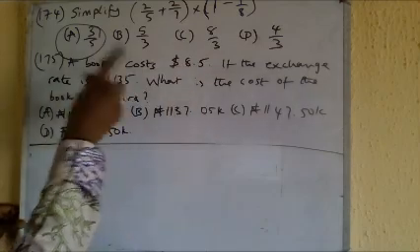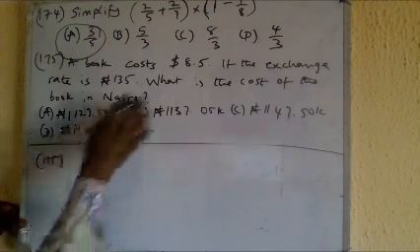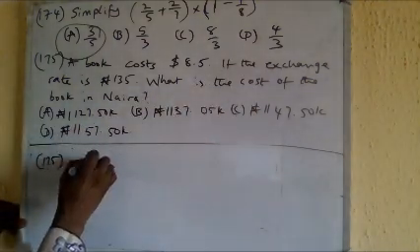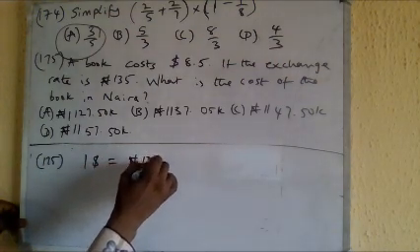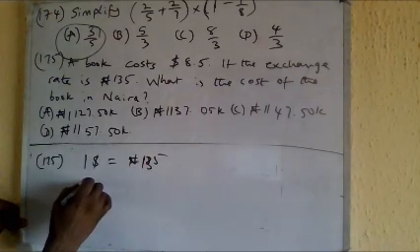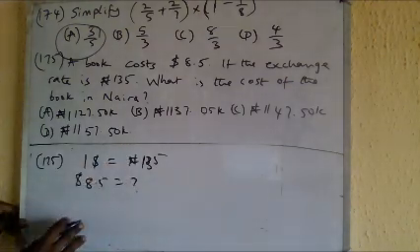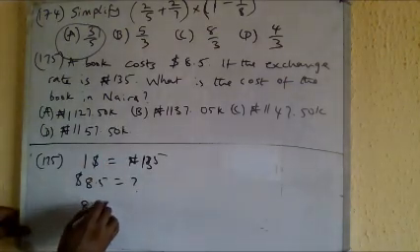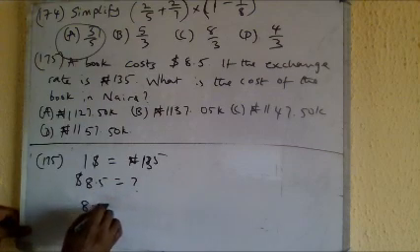Okay, so question 175. When you say exchange rate, it means that $1 is equal to 135 naira. So how much in naira will $8.5 cost? That's what they're asking us. So just multiply 8.5 times 135.